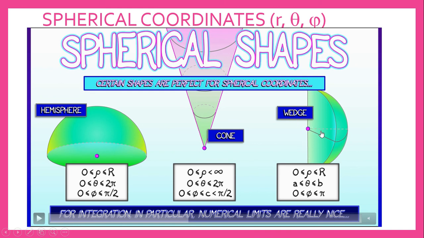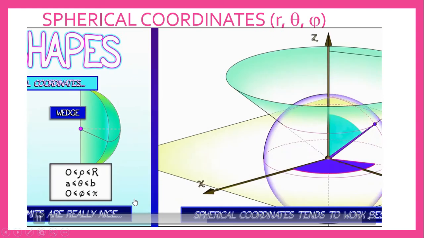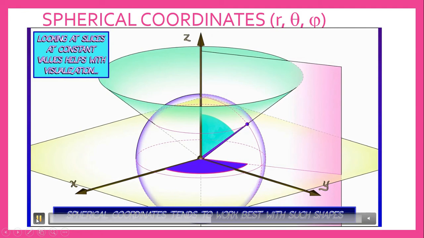That sector angle varies from a to b. Actually, if it is a full sphere, phi will vary from 0 to 2 pi. Now you can see here, looking at a side view with constant values helps with the visualization.